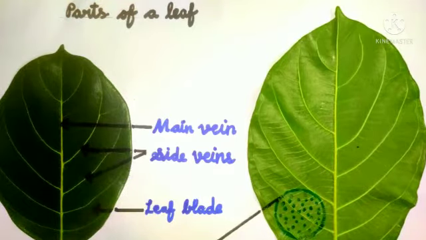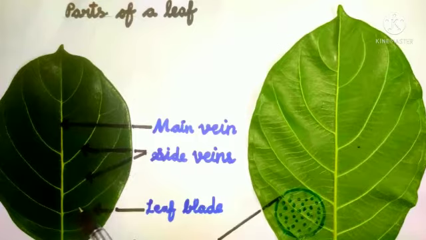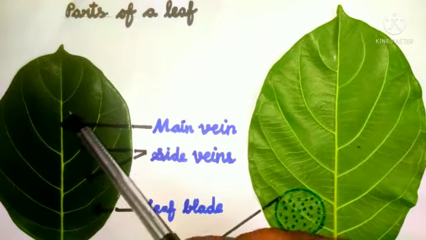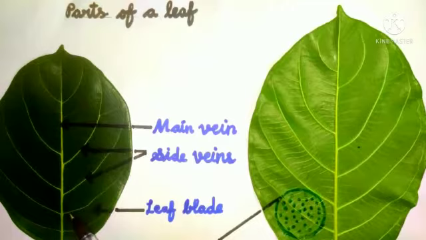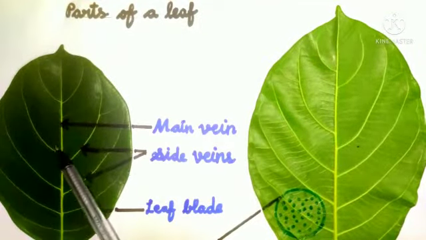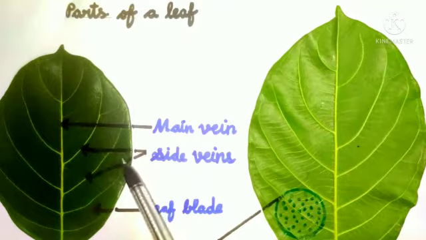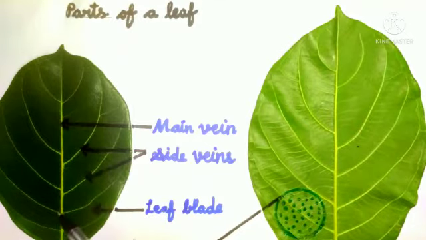It is the flat and green part of the leaf. Now you can see the main vein running through the middle of the leaf. There are some side veins coming out from the main vein. Did you see? Yes. Now let us have a look on these parts of a leaf in detail.